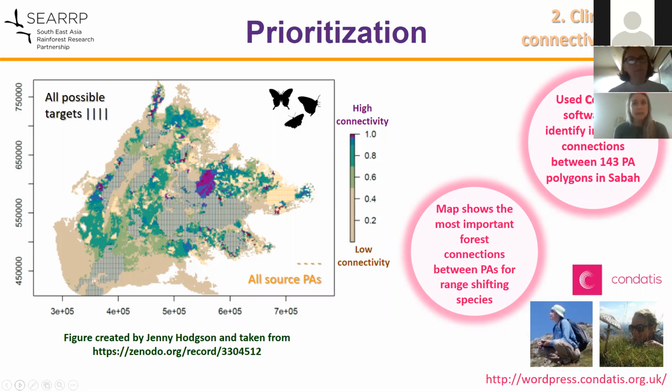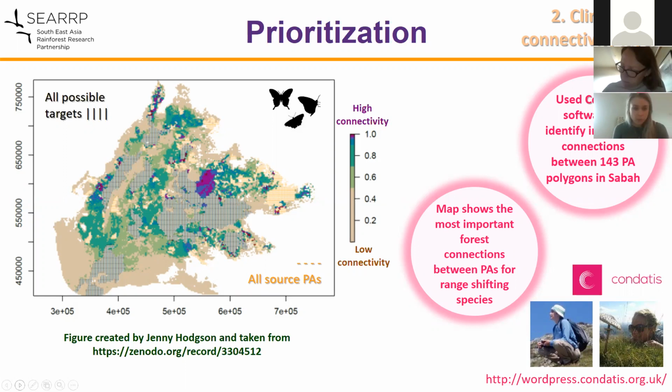So we overlaid all of the connectivity maps for all of the source protected areas in Sabah onto this final map that you can see on the screen. And all of the source protected areas are shown in hatched orange, and the targets are shown in hatched black. So those are the cooler areas.